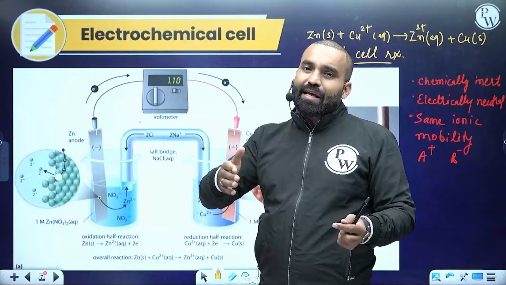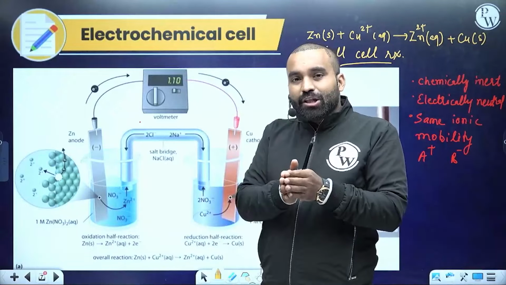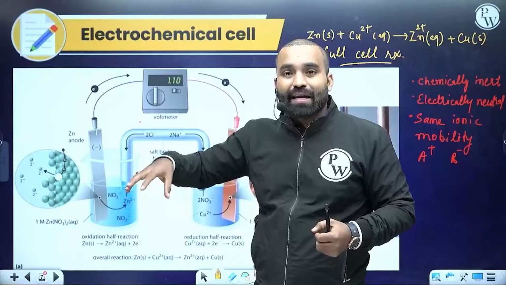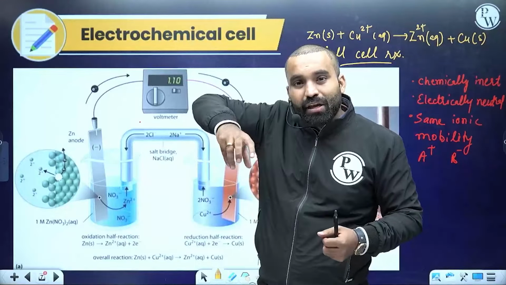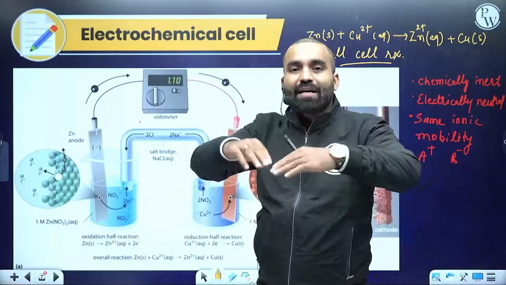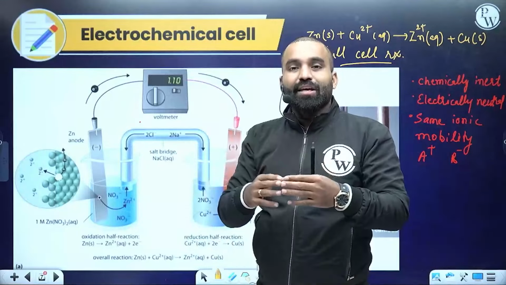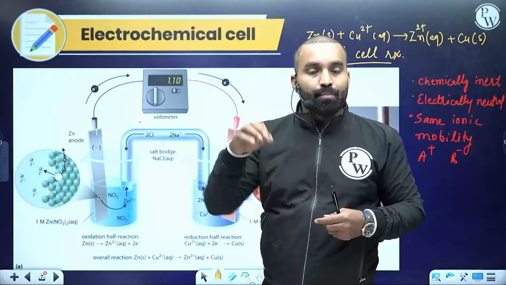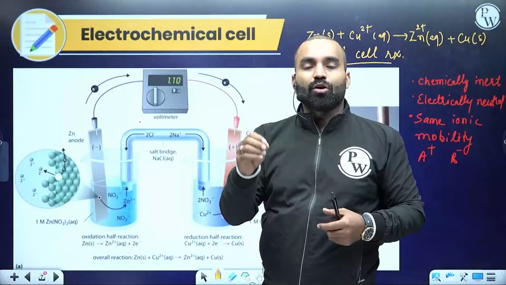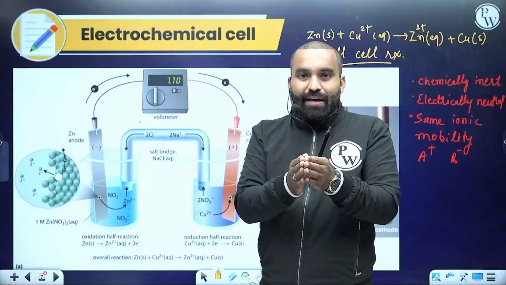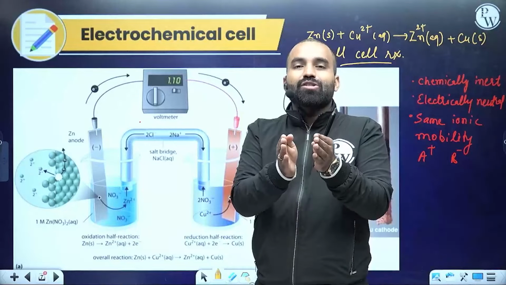This actually creates a difference in the concentration of the electrolyte, cation and anion, just around the electrode. After that, in that whole solution, there will be a concentration gradient, a very small amount, and due to this concentration gradient, charge separation will start developing.